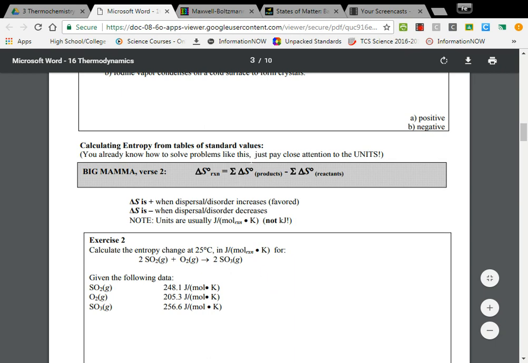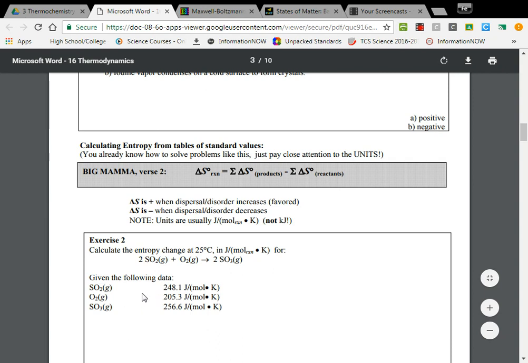So what I'm going to do here is take the sum of my products minus the sum of my reactants. Just like with Hess's law with delta H's, I have to multiply by the coefficients. So I would take 2 times SO3's value, 256.6, minus the sum of 2 times SO2's value, 248.1, plus O2's value.